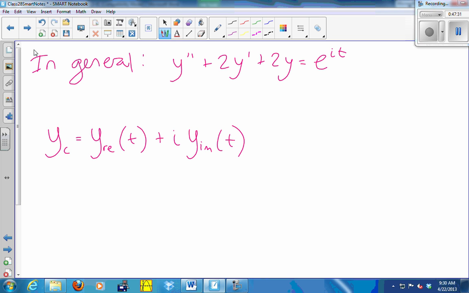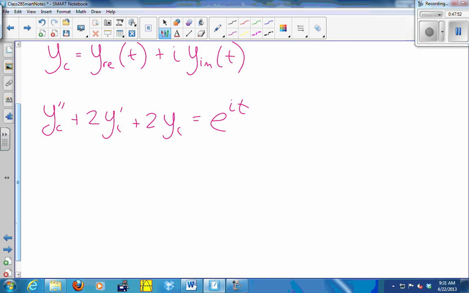Okay, so now plugging my complex function into the differential equation, I get, oh my goodness, this class is going too fast. Y double prime plus 2y prime plus 2y has to equal e to the it. And when you take the derivative of the complex, you just take the derivative of each part. Same old derivative rules as always.